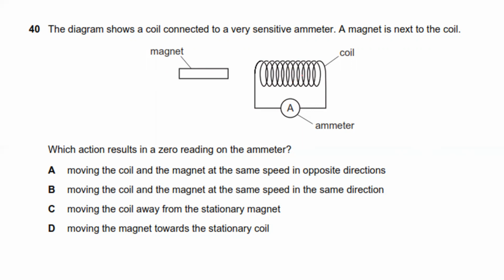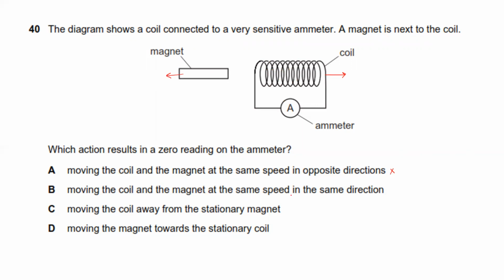Or if the magnet is stationary and the coil is moved either right or left, it will change the readings. Moving the coil and magnet at same speed in opposite directions, it will change the reading on the ammeter. So this is not the answer.